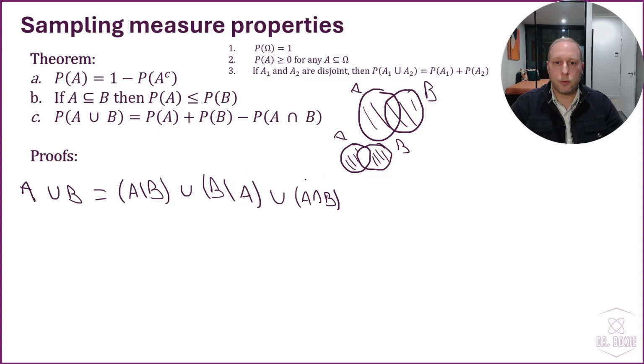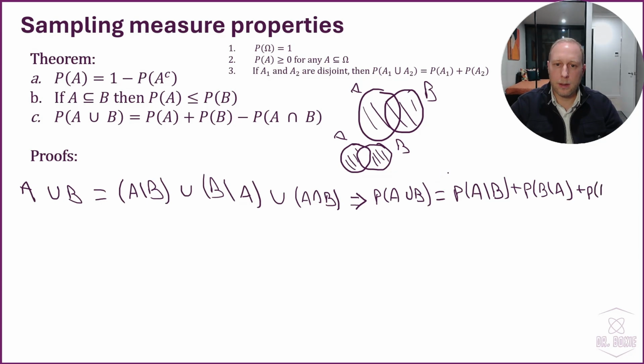That means, according to the third of the defining properties of a probability measure, that P of A or B is P of A minus B plus P of B minus A plus P of A and B. So that is one way to rewrite the event A or B and its probability. Now let us look at P of A and P of B separately.